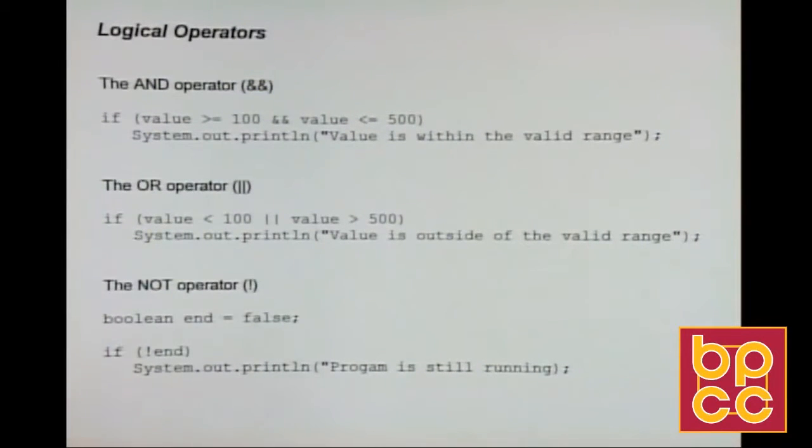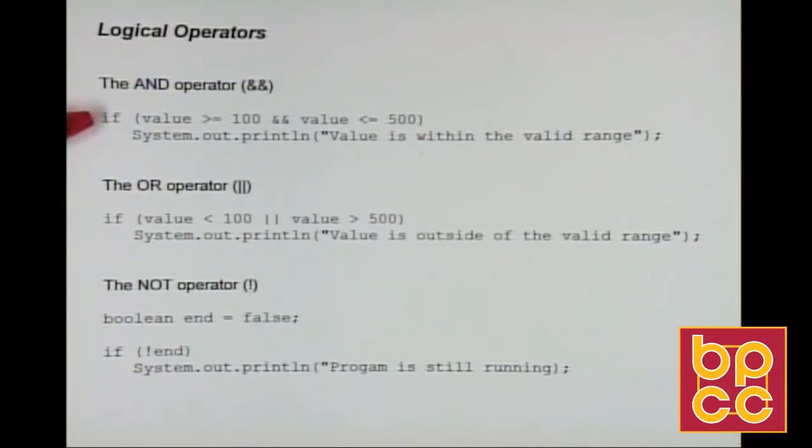Now one final thing for using if statements is you have what's called logical operators. The logical operators allow you to do additional things in addition to just checking the 6 regular relational operators. First of all, the top one here is called an AND operator. The AND operator is used to check multiple conditions at the same time.